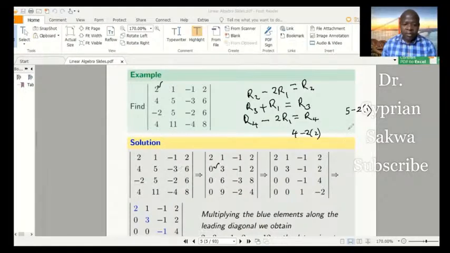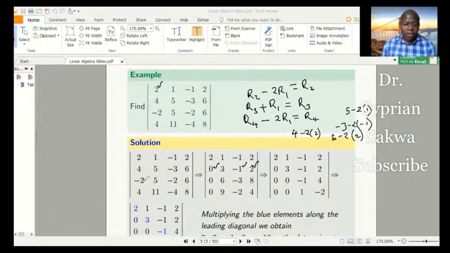And then -3 minus 2 multiplied by -1. And this gives me, this will be +2 here. Subtract +2 here, added to -3, gives me -1. And then finally you have this 6 minus 2 multiplied by this 2. And that is what gives me this 2. I'm done with the first row.